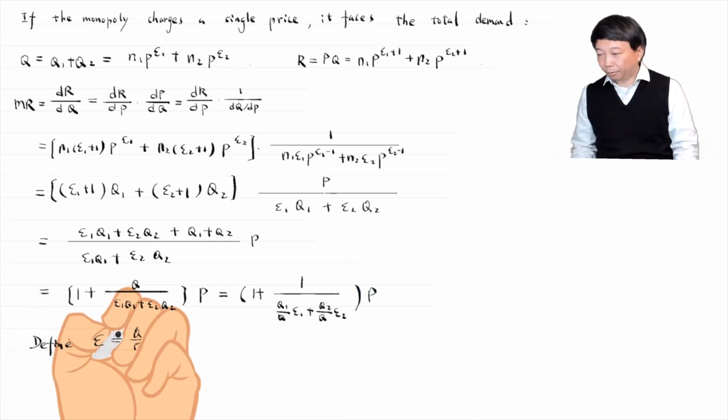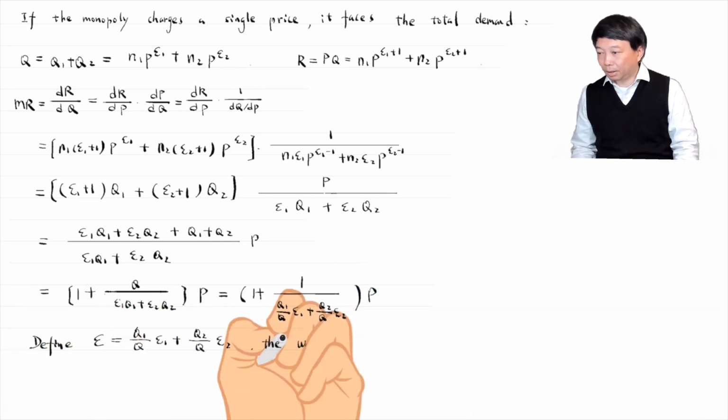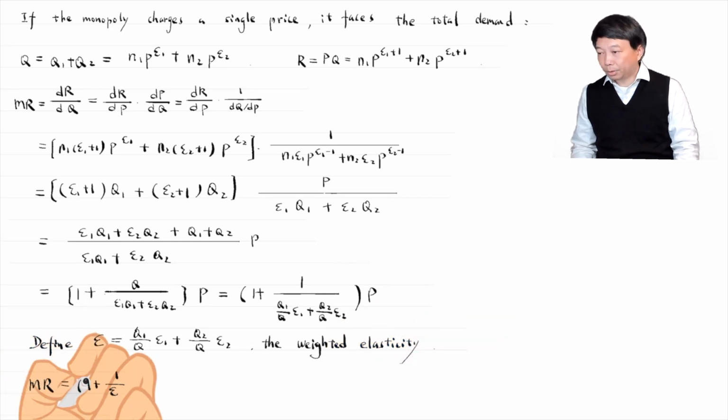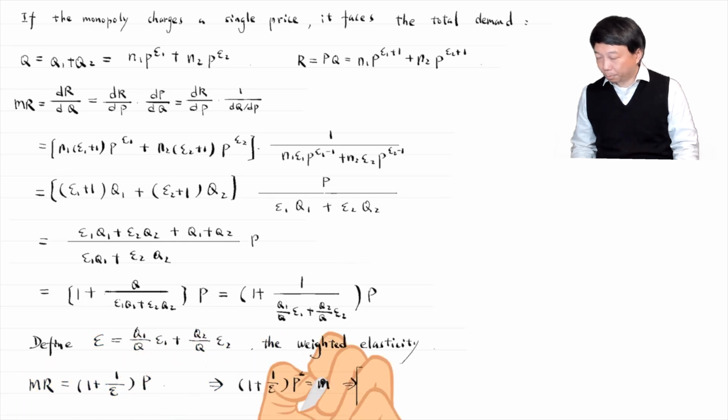We can define the combined elasticity epsilon as the weighted sum of the two individual elasticities to simplify the expression.